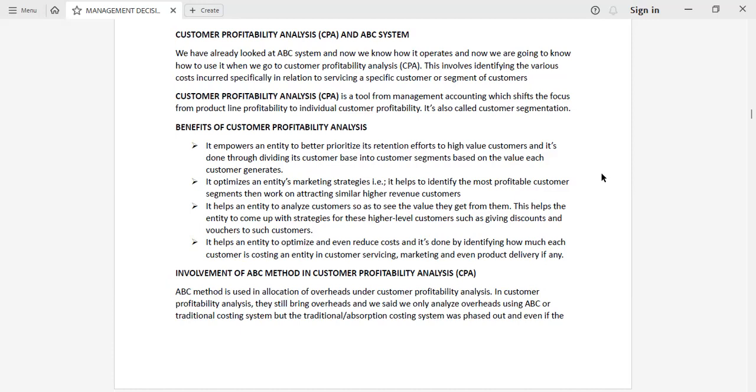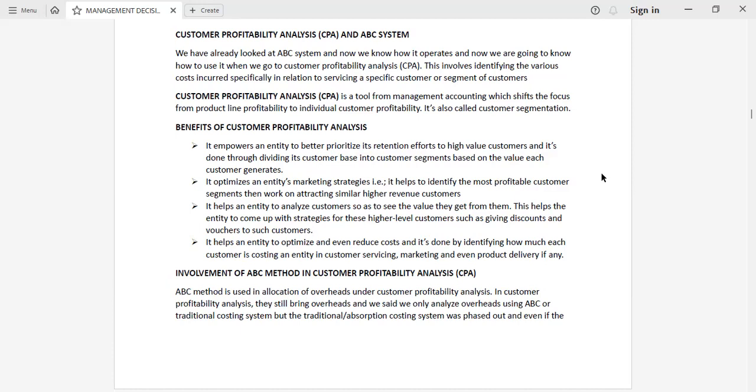So that's why we are no longer using the traditional costing system or absorption costing, because of the reason that we gave in the previous videos. So we are going to see that the ABC system is used in the allocation of overheads under the customer profitability analysis.